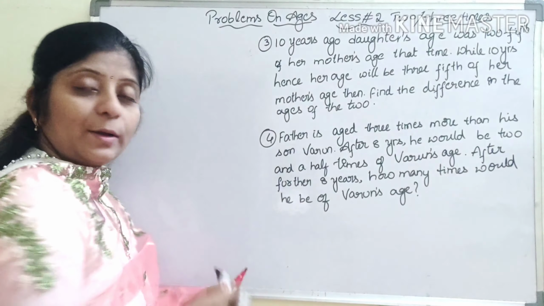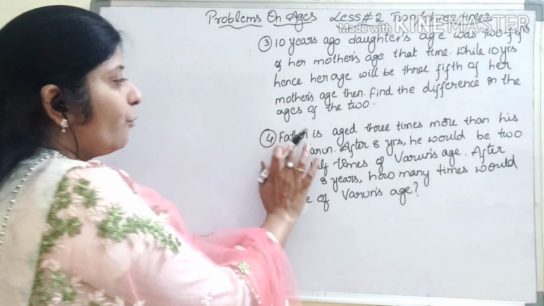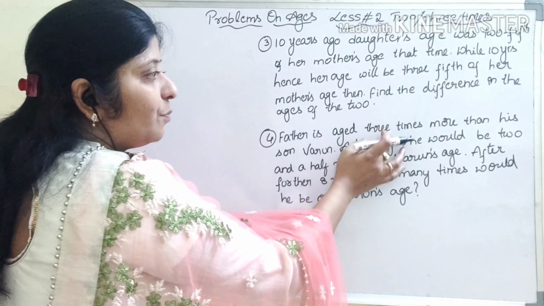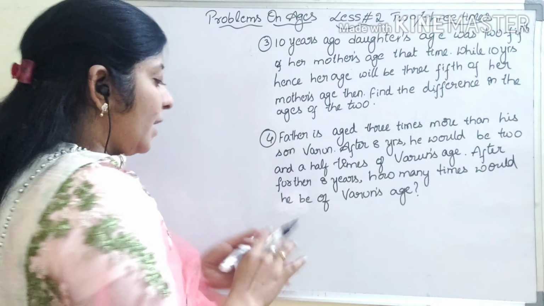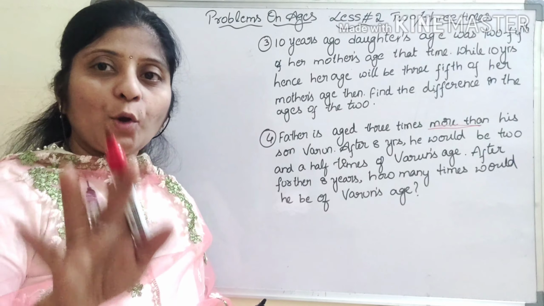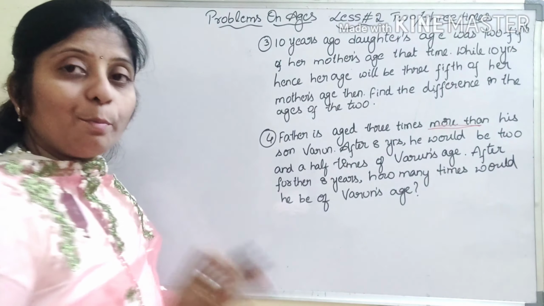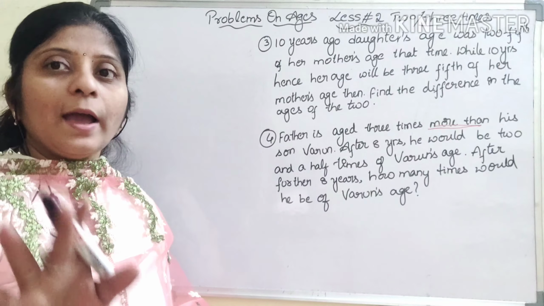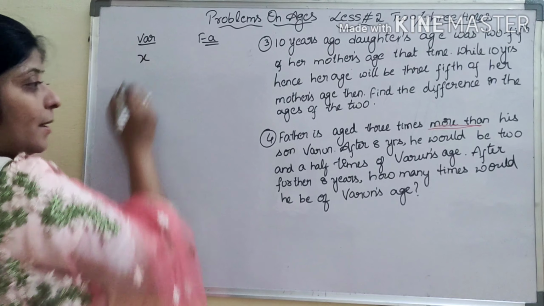So we'll go through fourth one. Father is aged 3 times more than. If you check here more than, it will be our note second point. So be careful when you are having more than terms. So father and given Varun age. So let us take Varun and father. Let us take Varun age will be x.